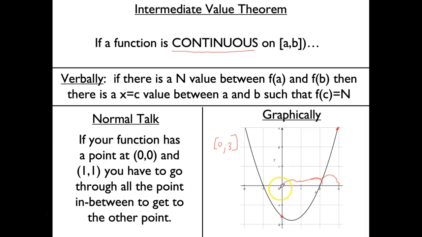So I have to cross through every x value between 0 and 3. Yeah? That also means I have to cross through every y value between those 2 points. Yeah? So every y value from, it looks like about negative 1.5, all the way up to 3. Now that's what, if it's continuous, you have to cross through everything.